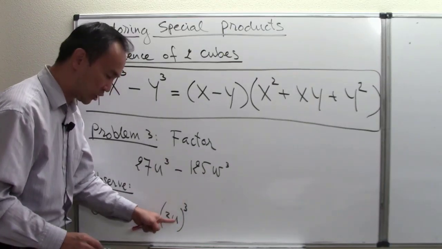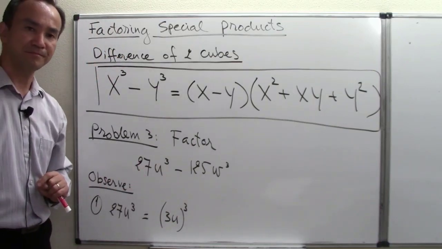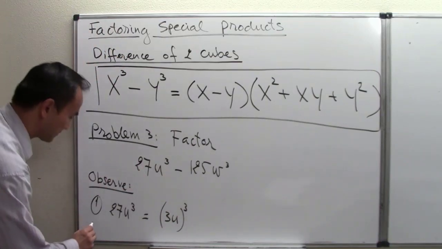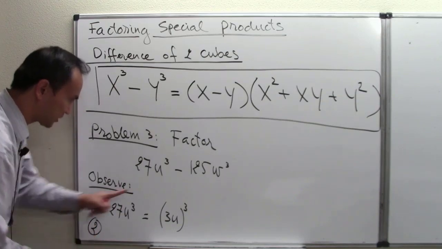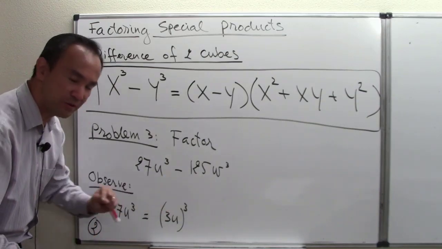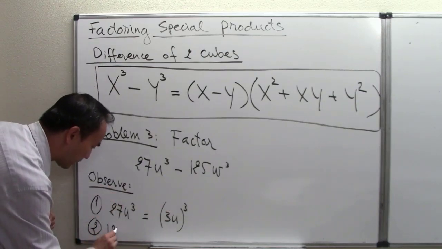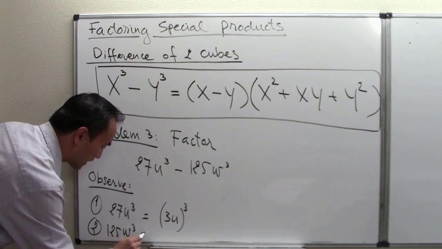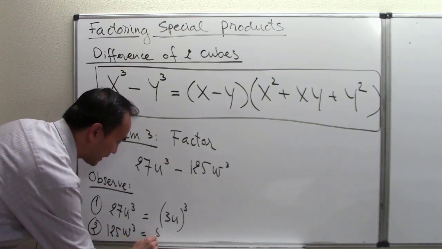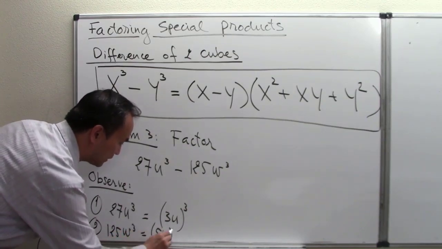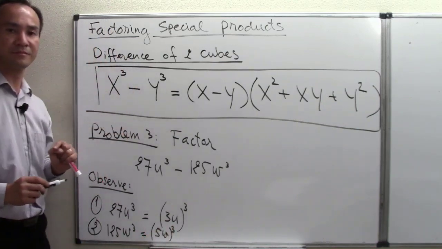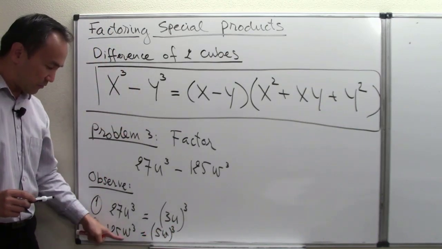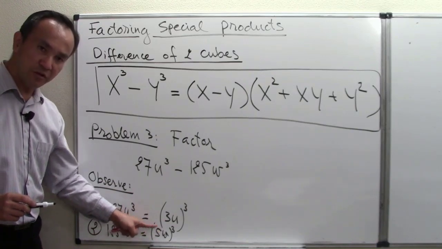It's a perfect cube right here. Now I'm going to further observe the next term, 125w cubed. 125w cubed can be thought of as 5w all cubed.